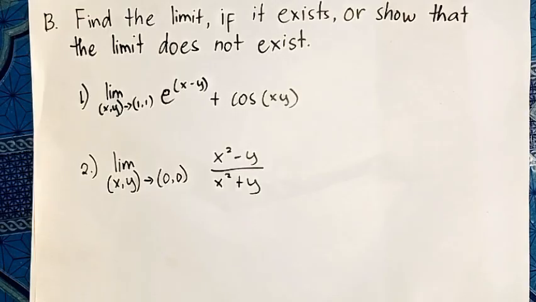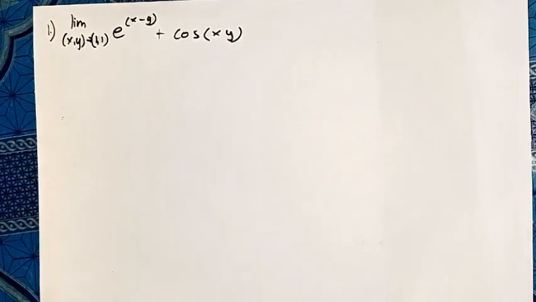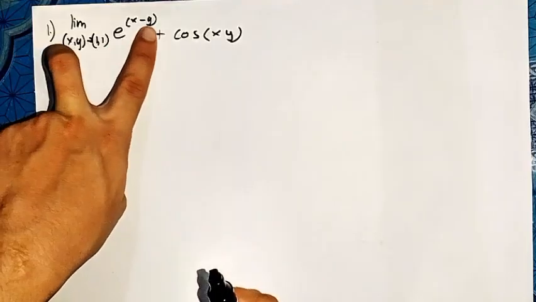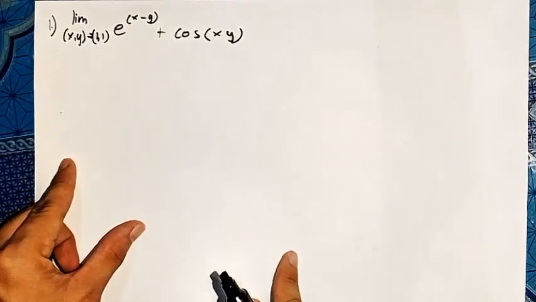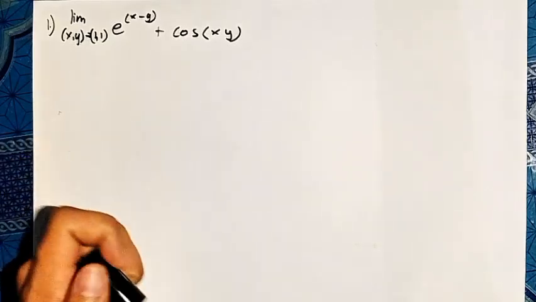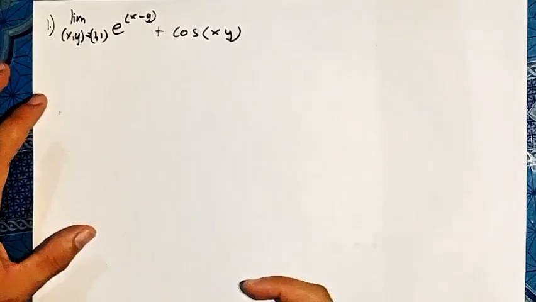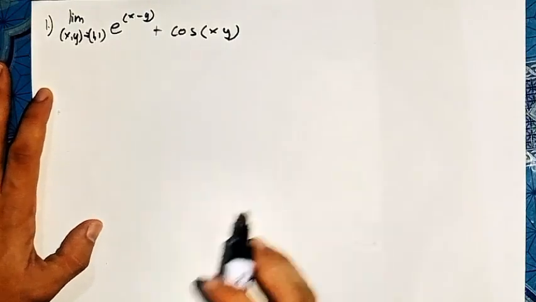So let's proceed with item number 1. We have limit as x and y approach 1 and 1 of e to the power of x minus y plus cosine xy. Now, our goal here is to find the limit if it exists, and if it does not, then we will show that the limit does not exist.